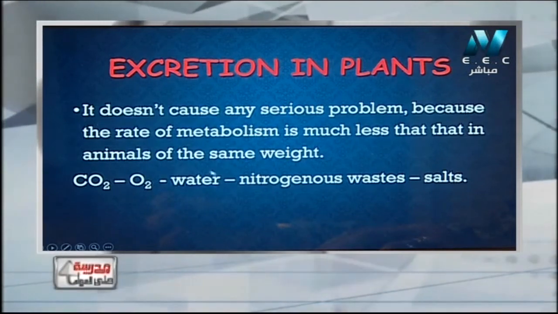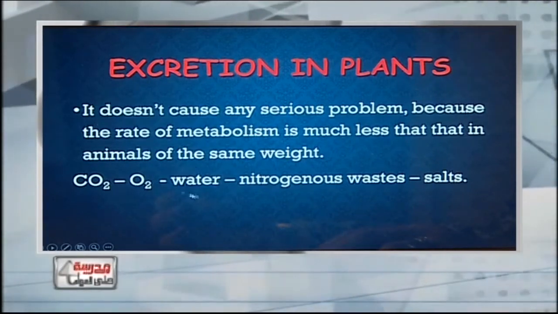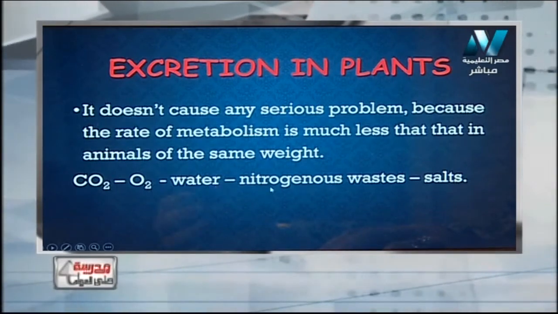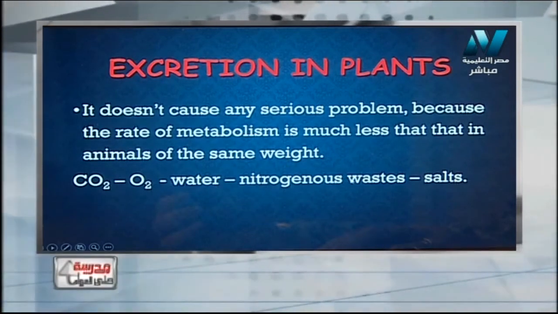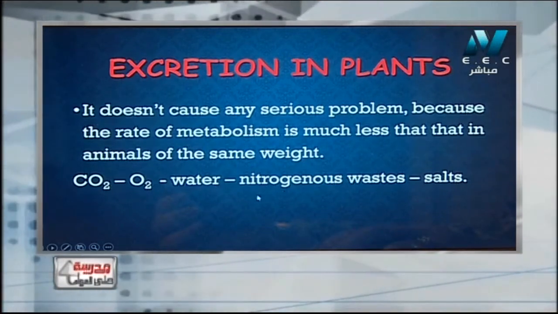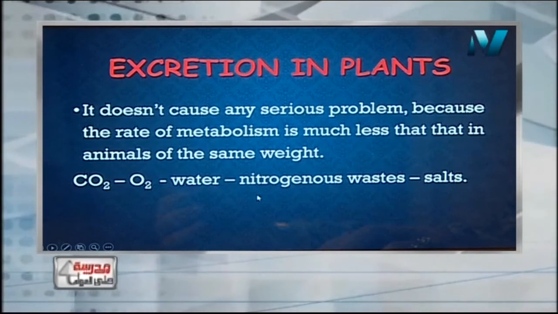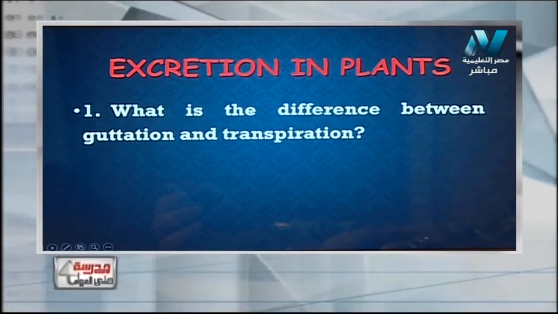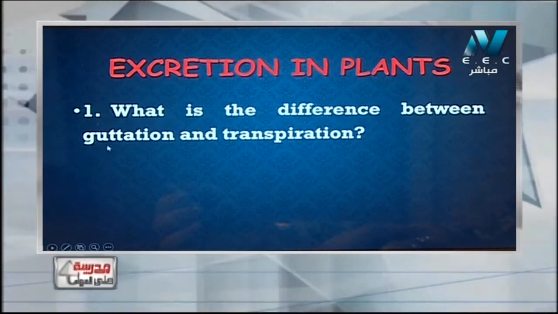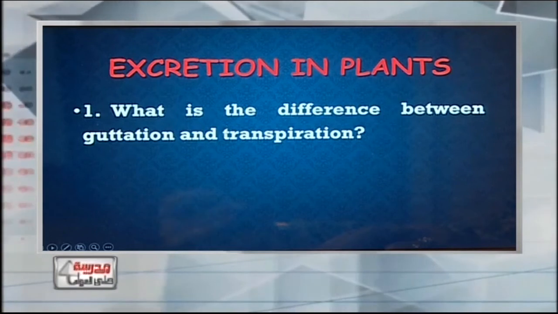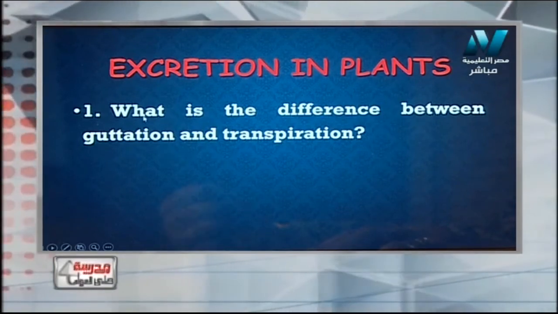And water, there are many ways of excretion of water, and we are going to study them in detail. And nitrogenous wastes can be reused to build proteins, and salts are handled by many ways, as we said. Excretion in plants occurs by different ways.